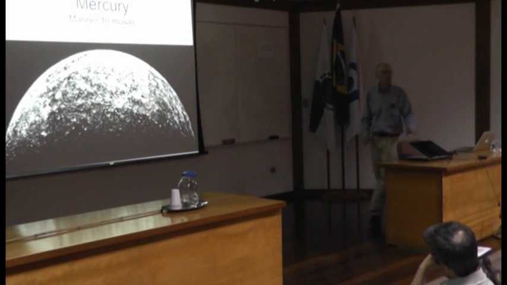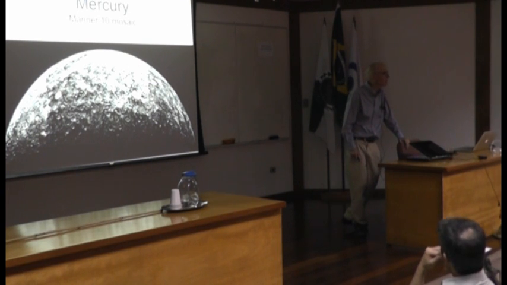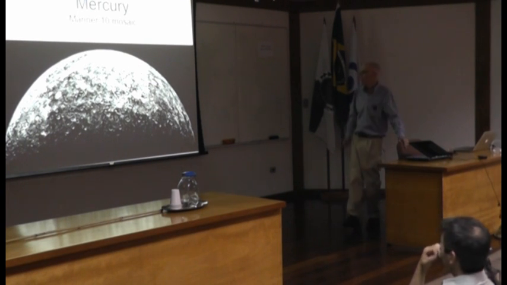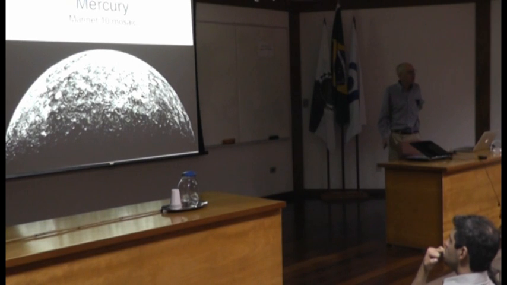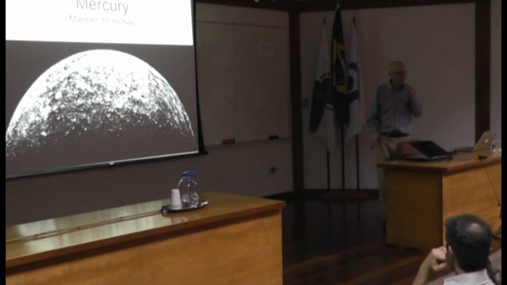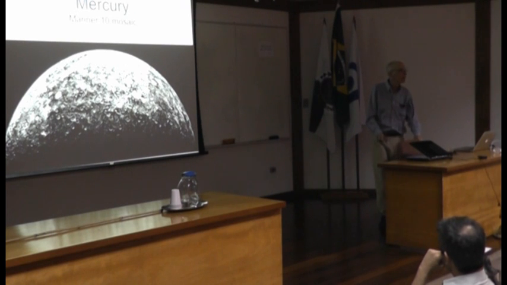Now I'm going to give you a little bit of a tour with some close-up images. This is Mariner 10, a US spacecraft that went by Mercury 3 times in 1974 and 75.